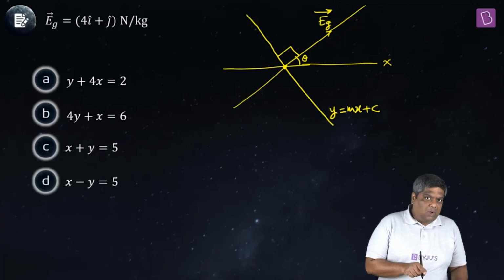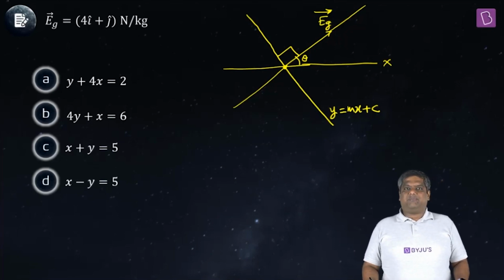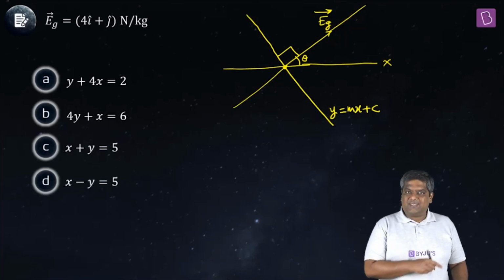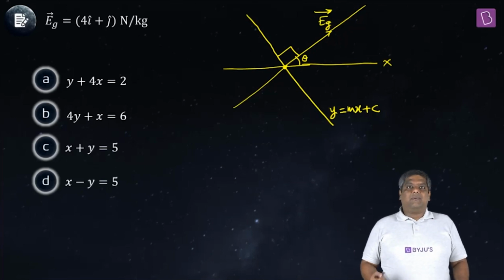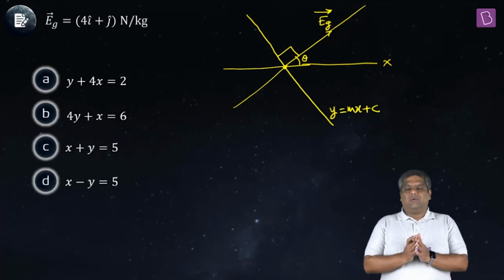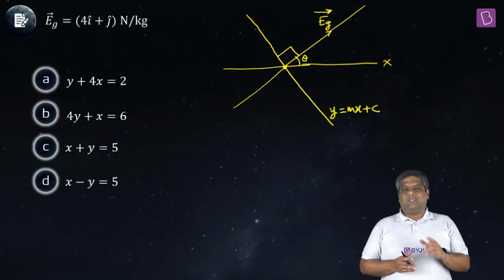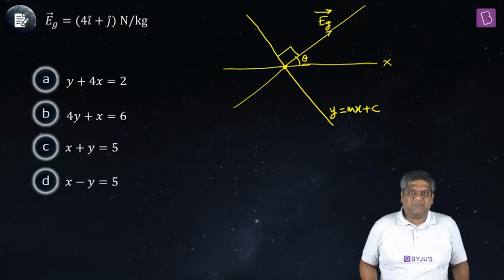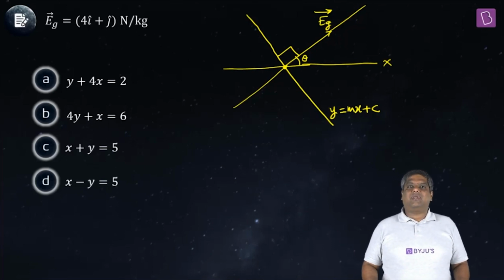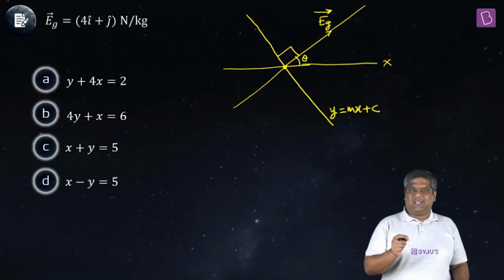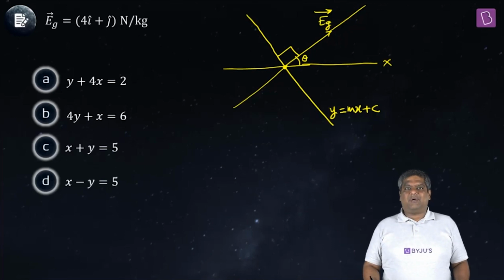So the slope of the line along which Eg is present and the slope of the line y is equal to mx plus c must be in such a way that their product must be -1, right? So whenever you have two straight lines which are perpendicular to each other, the product of their slopes must be -1. This is a result coming straight out of straight lines coordinate geometry from your mathematics classes, right?